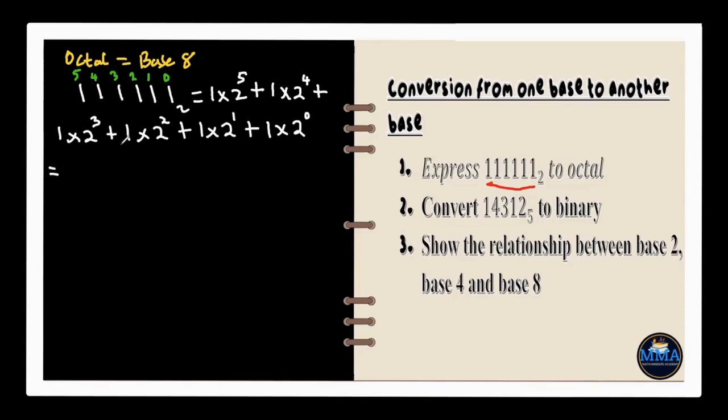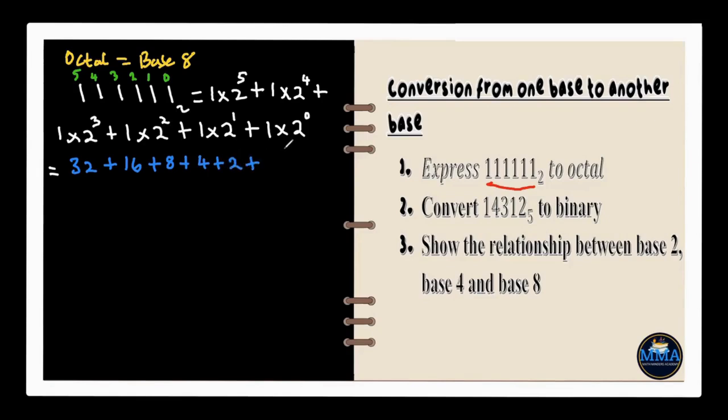Now this is going to give us, if we look at it, 2 raised to power 5 is 32. And if you multiply 32 by 1, you get 32. 2 raised to power 4 is 16. 2 raised to power 3 is 8. 2 raised to power 2 is 4. 2 raised to power 1 is 2.